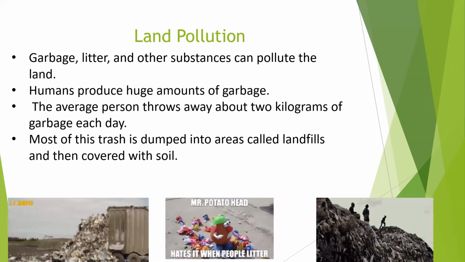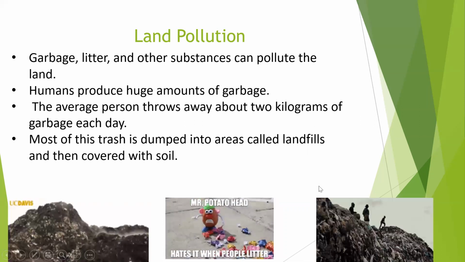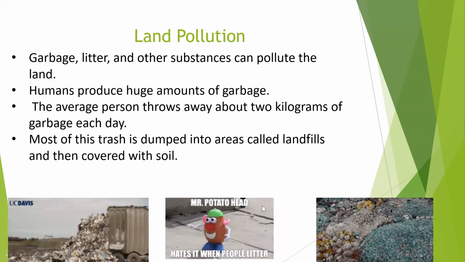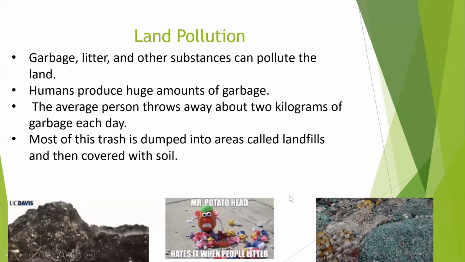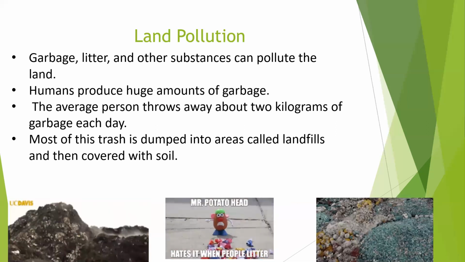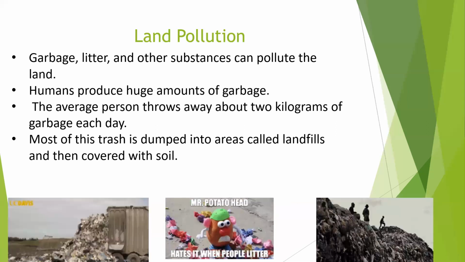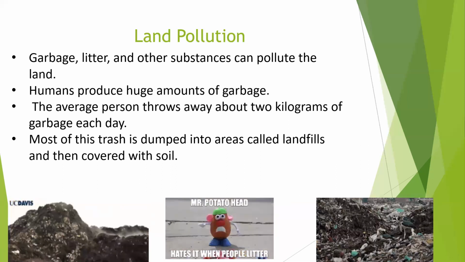These are two landfills here on the sides, guys, where they're just dumping it. Look at the smoke that's coming out. And then this is another one. And then we got Mr. Potato Head here, who doesn't like when people litter. So if you ever just throw garbage outside, guys, into the street and not in the garbage can, that's littering, okay? If you didn't know.